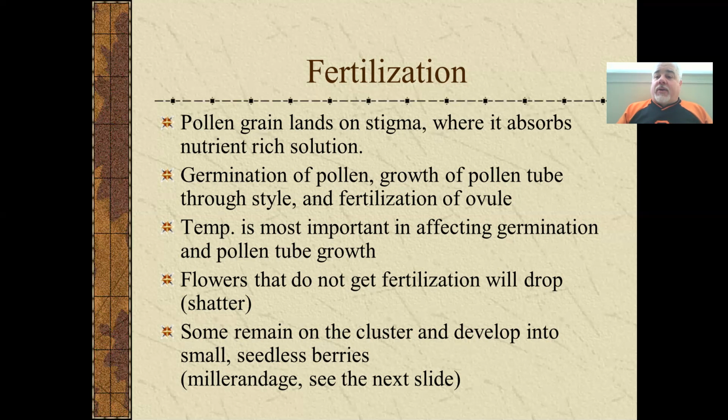And you need shattering. There are way too many flowers on each cluster. If you had a cluster with 100% fertilization of all of your flowers, and every flower developed a grape, you would have way too many grapes in a cluster. It wouldn't work. But the fertilized ones remain on the cluster and develop.